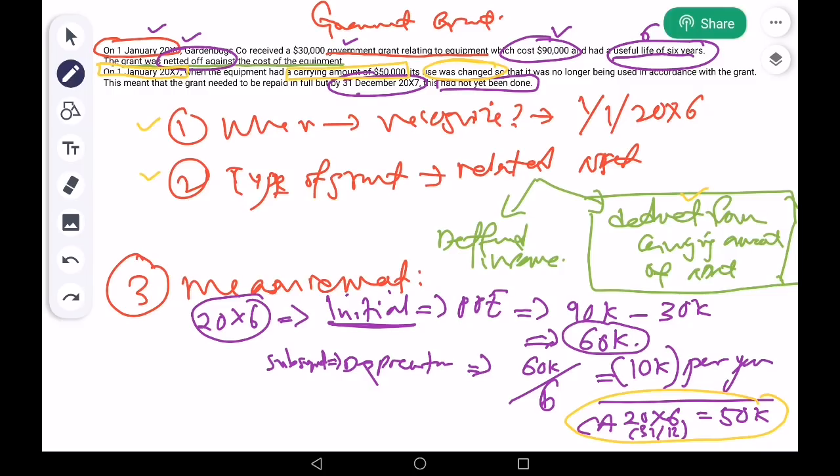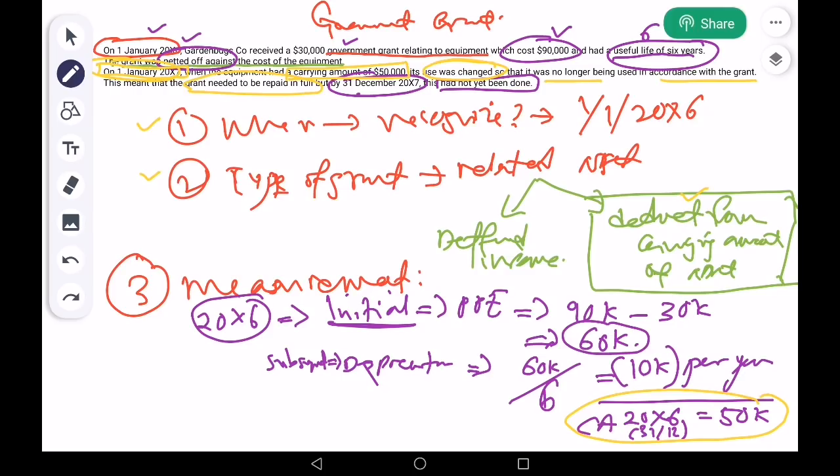It is no longer in accordance with the grant, meaning you do not meet the requirement of the grant. The grant requires equipment for a purpose, but if you change the purpose of the equipment, you have to pay back in full. So on the 1st January, you revoke the purpose of the grant itself.